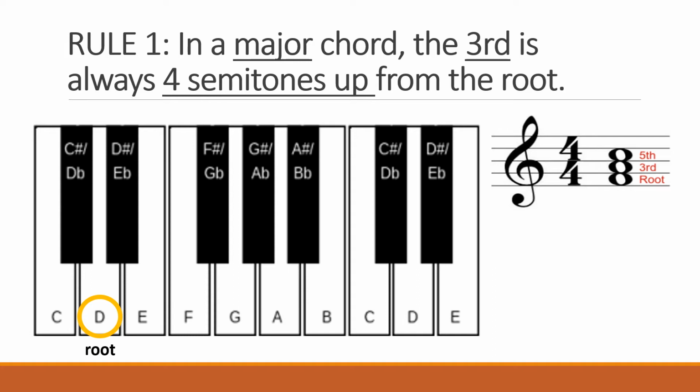Now remember, a semitone is a half step. So from D to D sharp is a semitone. So I've done 1, 2 semitones, 3 semitones, 4 semitones. That means my third is an F sharp.